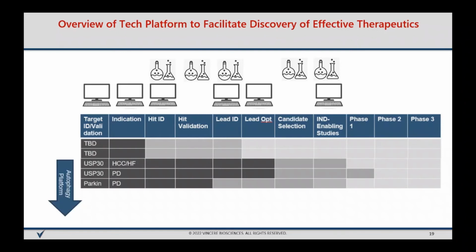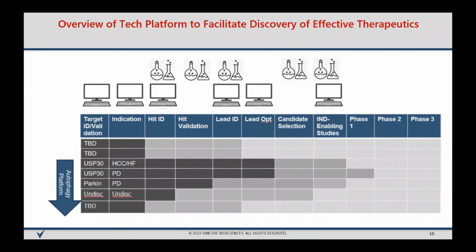With that, we now have assets that are in development for USP30 inhibitors targeting both Parkinson's disease and multiple peripheral indications. We have Parkin activators that we're developing for Parkinson's disease.